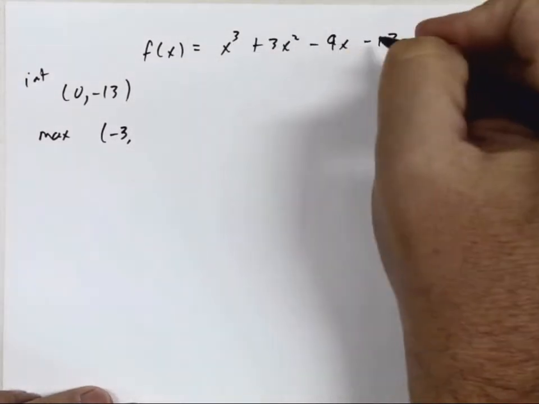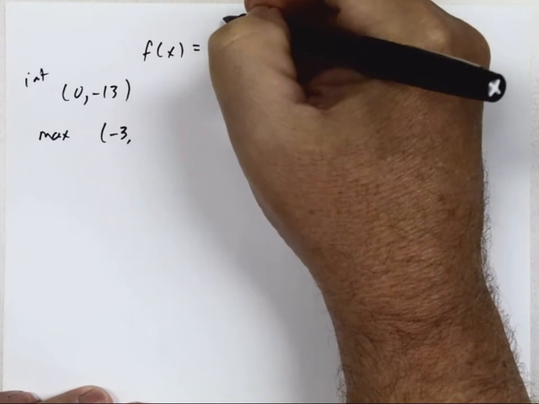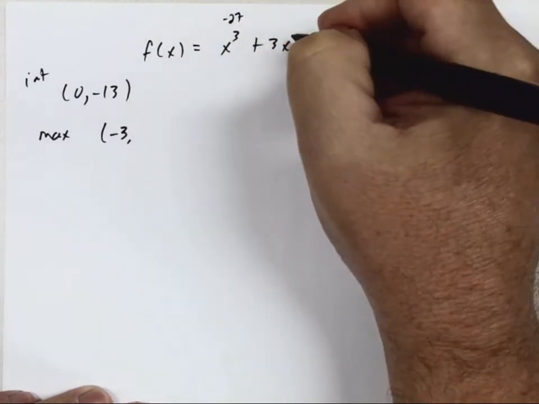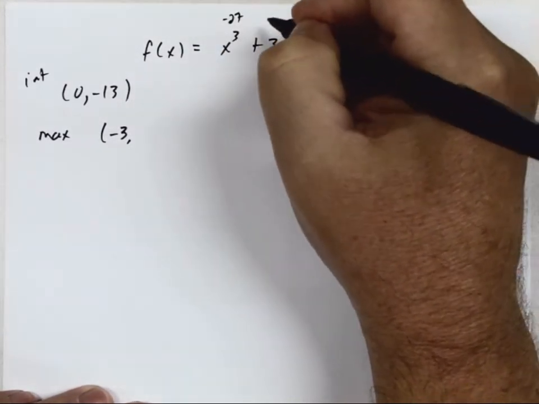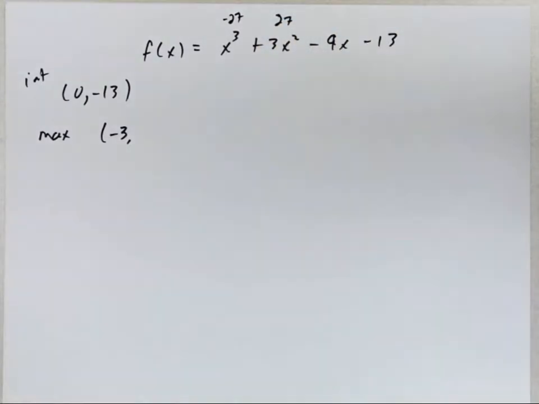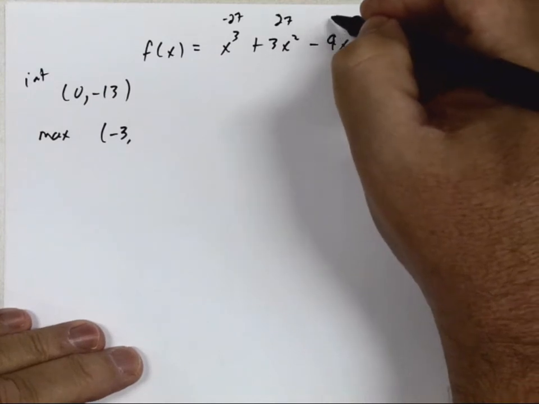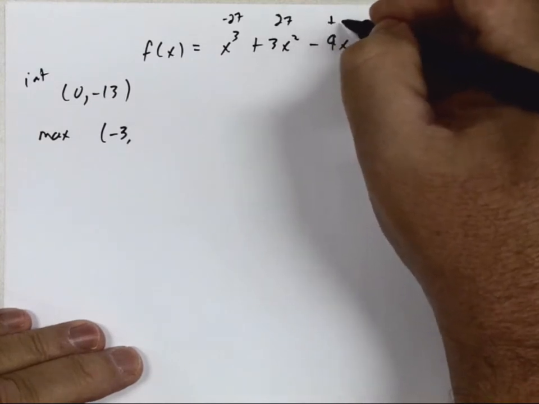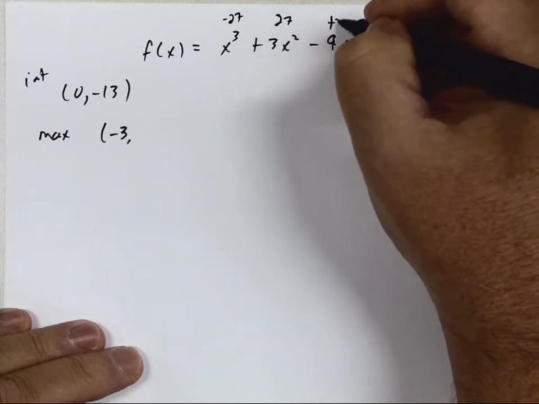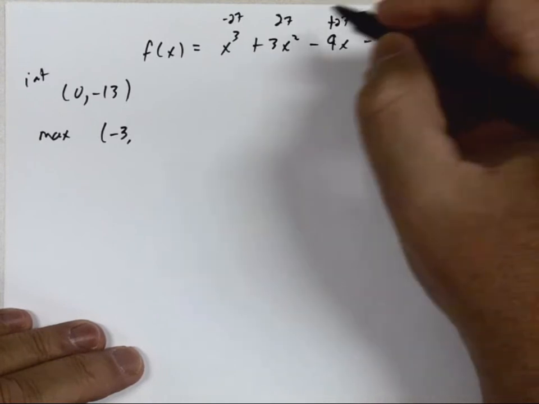If I plug a -3 into here, this is where you've got to be careful with your math. -3 cubed is -27. -3 squared is 9, so that's 27. -3 here is back, since it's a negative, it's plus 27, then minus 13.